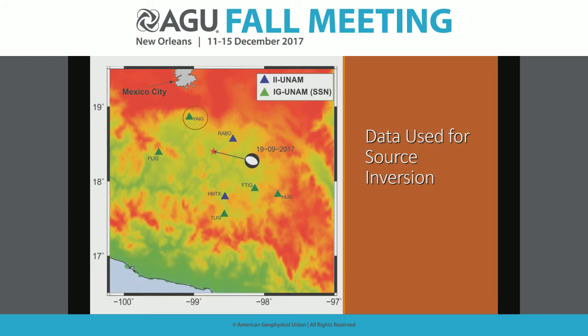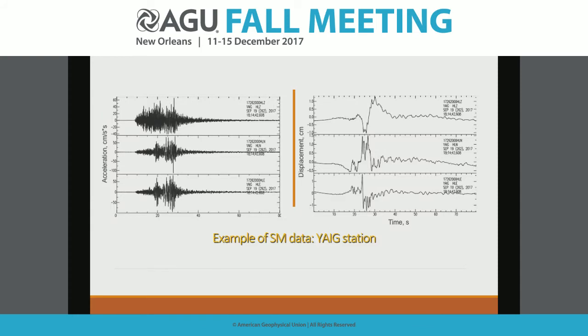In the opposite direction, at this station, the strong motion record is more complex. However, you can also distinguish these two pulses, maybe here, but after integration the result is complex.